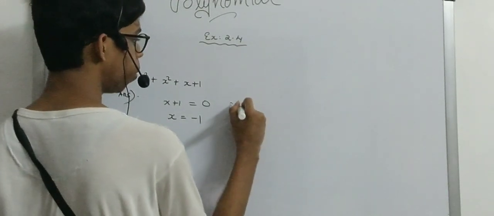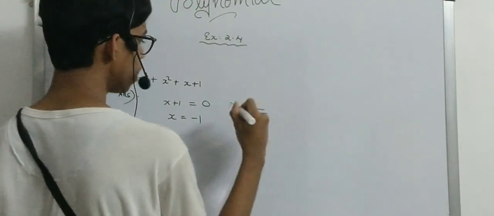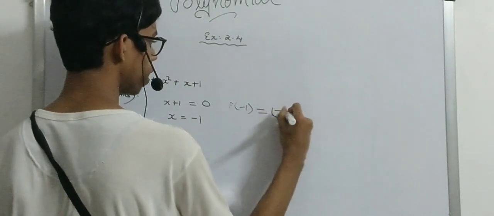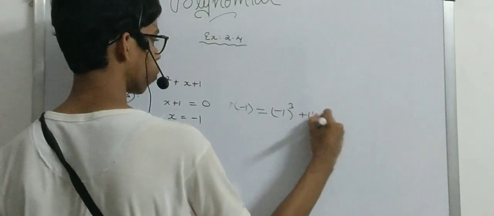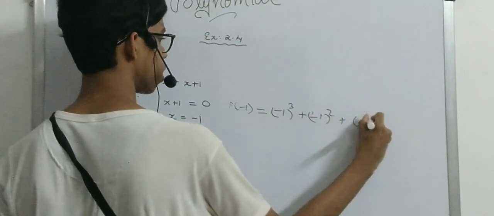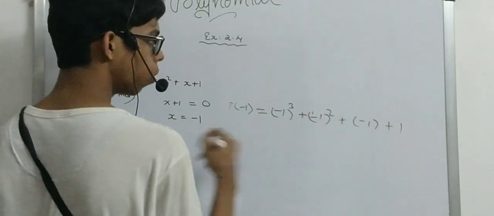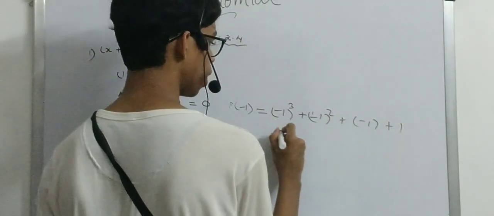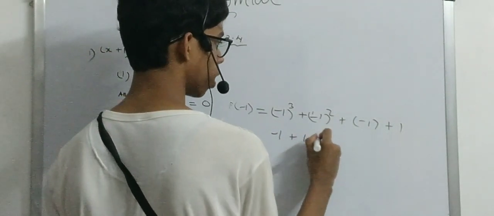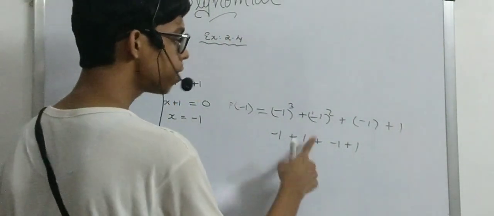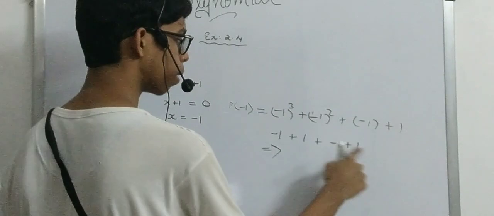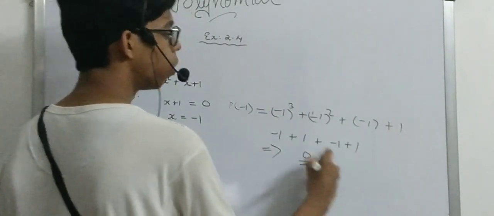So p of minus 1 is equal to minus 1 the whole cube plus minus 1 the whole square plus minus 1 plus 1. Minus 1 the whole cube means minus 1, plus 1, plus minus 1, plus 1. We know minus 1 plus 1 is 0, here also minus 1 plus 1 is 0.